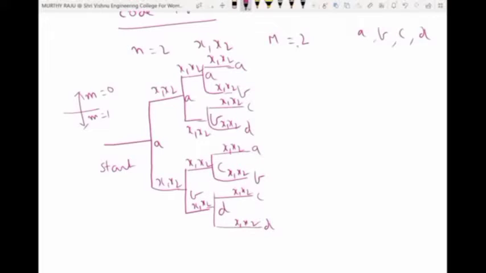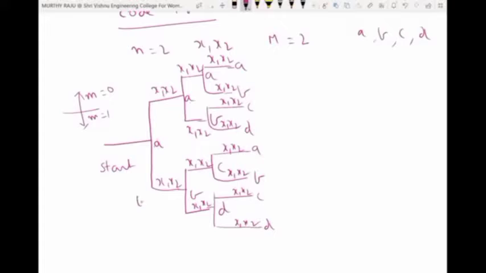Here m is equal to 2 represents the state of the convolutional encoder. M is equal to 2 means 4 possible states are there, A, B, C, D. These states are represented in this code tree diagram. Transitions are also indicated, A to A, A to B, present state, next state, with outputs x1, x2.